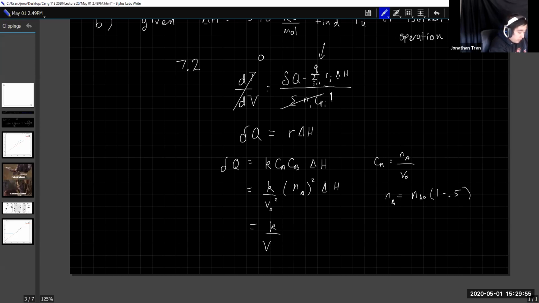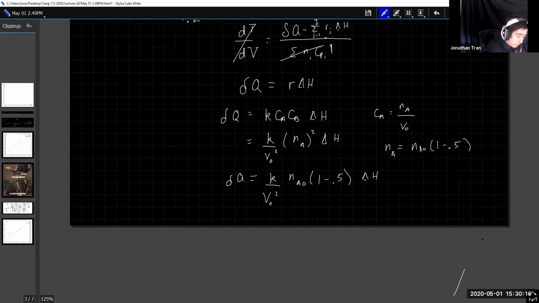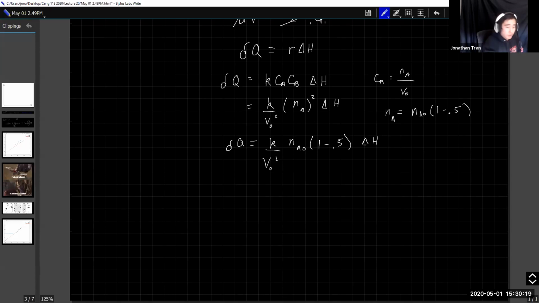Making that substitution, we get K over V naught squared times NA naught times 1 minus 0.5 times delta H is all equal to del Q. Sorry, you're right, there's a square here.